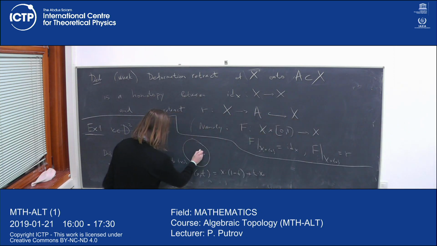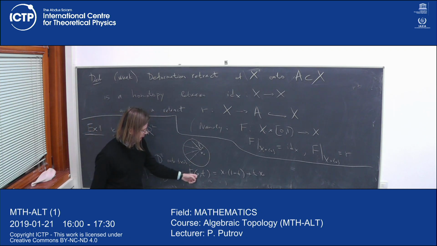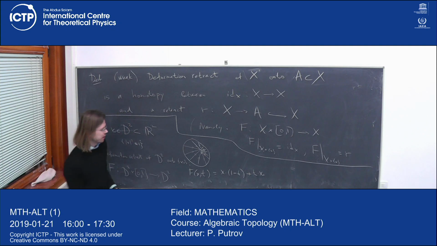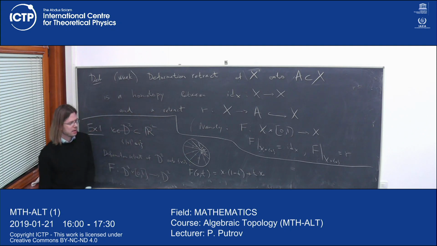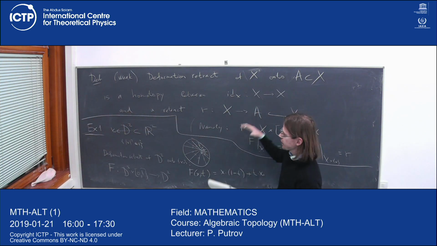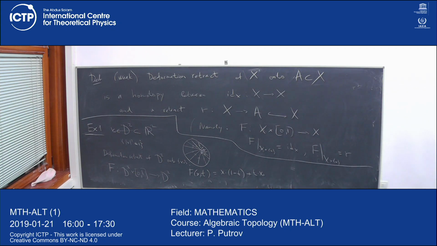I can visualize this deformation again by drawing the trajectories of points, meaning that I fix some x and change t from 0 to 1, and I draw the trajectories of such points, and they will look like this. This is usually called linear deformation, so this picture explains the name. This kind of deformation is a deformation retract.